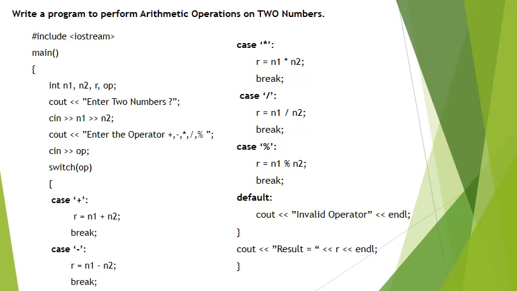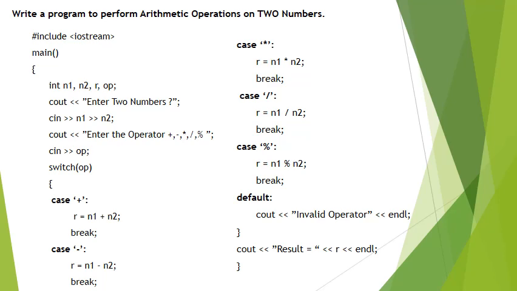Suppose the operator is star, then it will find the product of the two numbers and it will exit from the block. If the operator is slash, then it will find n1 by n2. The result will be stored in variable r and it will exit from the block.